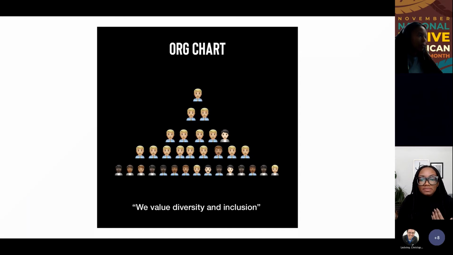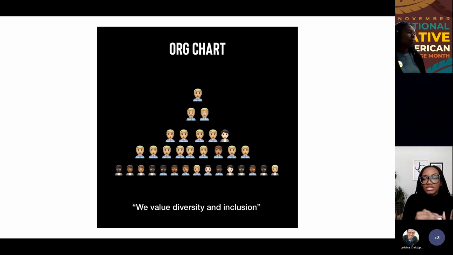When I first saw this meme, it just really made me laugh because it's so true. Oftentimes, organizations, if you look at them like a pyramid, at the bottom level is where there's diversity. So if we're looking at the frontline workers or frontline leadership, that's where all the diversity sits in terms of gender diversity, cultural diversity, and different things like that.